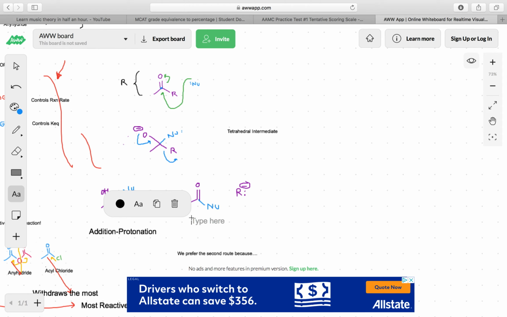So this one wouldn't be called your addition protonation. Here we're eliminating. So this would be your addition elimination product. This is the one we're now going to be more interested in, and we'll see why.